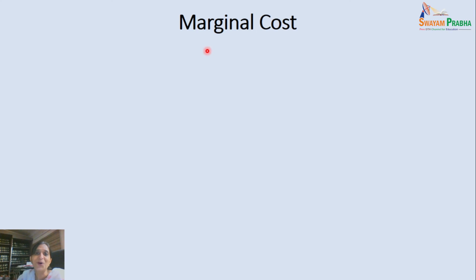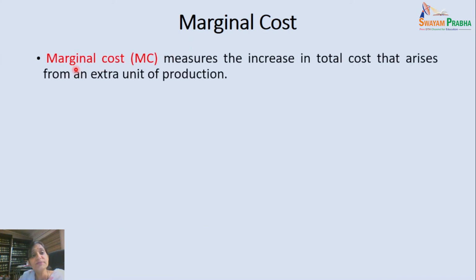Another important concept is marginal. Now, marginal you have seen everywhere. We have talked about marginal utility, we have talked about marginal product. Now we are talking about marginal cost. What is marginal cost? Using the same concept, it measures the change in the total cost when an extra unit of production is made.